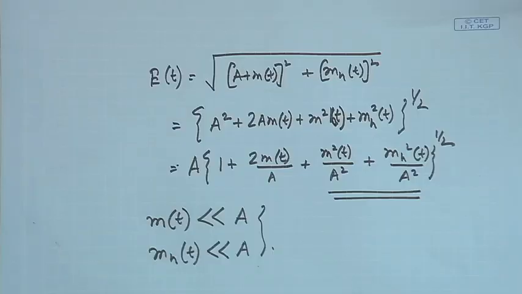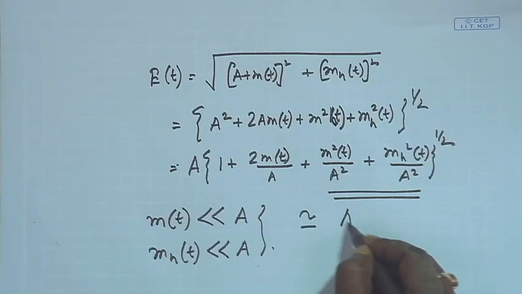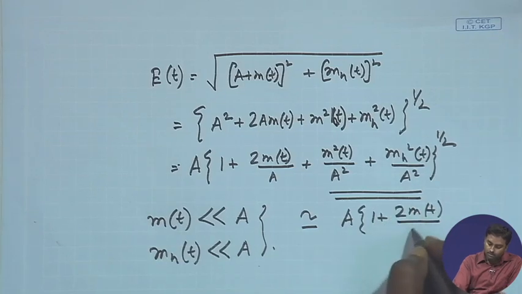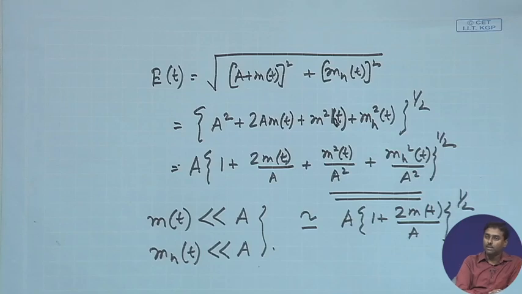So I can write this safely. If this is the case, then what will happen? This quadratic term I can neglect if this is happening, m(t) divided by A. And you can also see, because I want to put this, that is why I have taken out A. Okay. So approximately this I can write as A (1 plus 2 m(t)), so the linear term remains and all other quadratic terms are ignored.